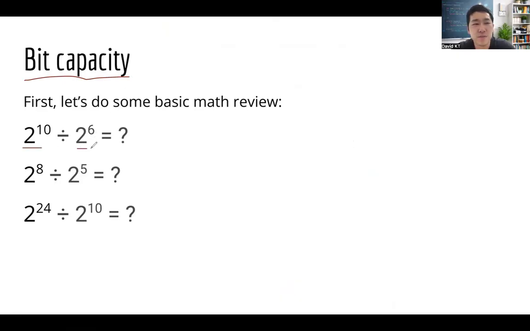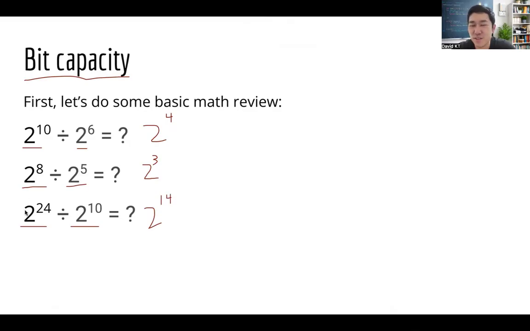2 to the 10th power divided by 2 to the 6th power is 2 to the 4th power. 2 to the 8th power divided by 2 to the 5th power is 2 to the 3rd power. 2 to the 24th power divided by 2 to the 10th power is 2 to the 14th power.